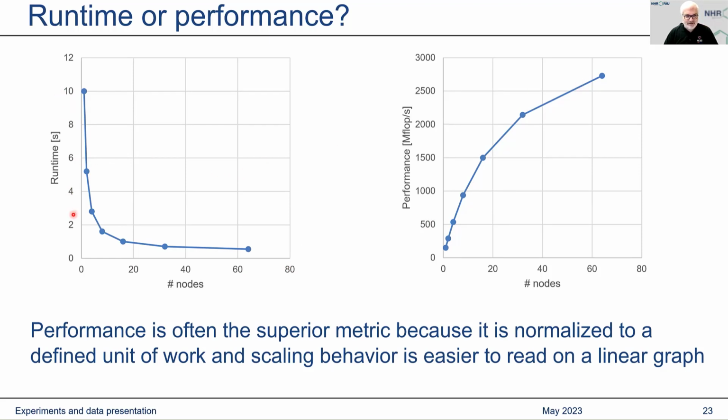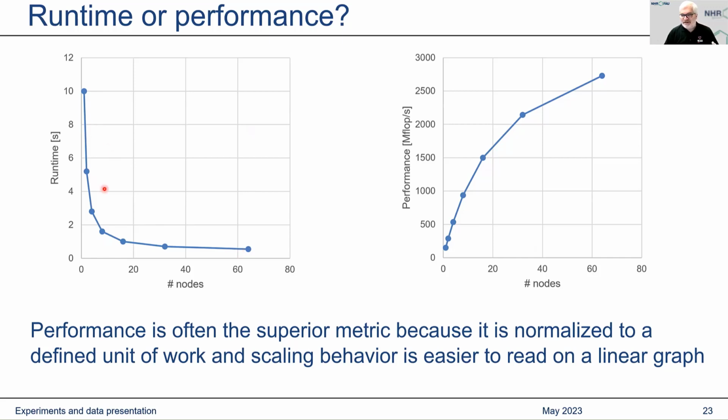Okay. On the left, again, we have this problem that the interesting data is compressed at the bottom of the graph, especially when it gets interesting with the higher number of nodes. On the right, we see performance versus number of nodes. And our brain is much better at comparing stuff with straight lines than with hyperbolas, because when runtime is plotted over number of nodes and the scaling is perfect, what we see is a hyperbola, basically 1 over x.